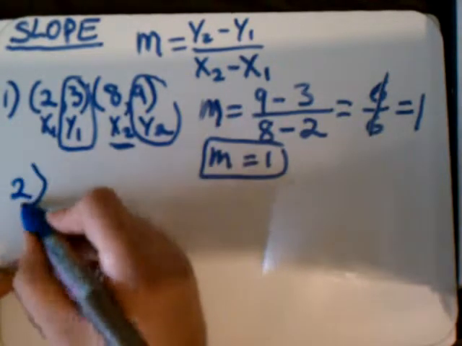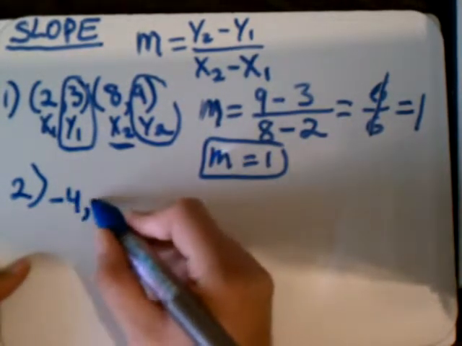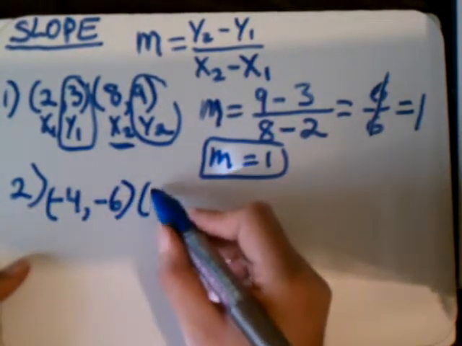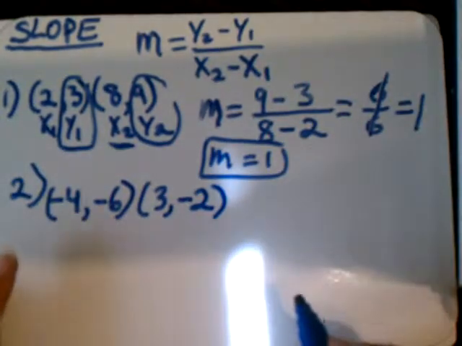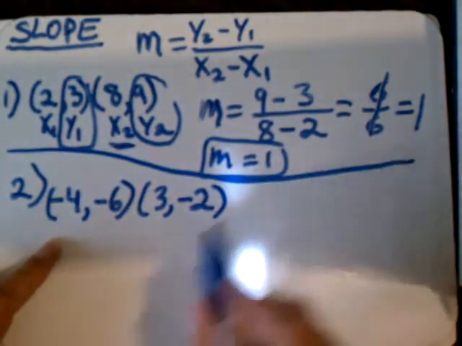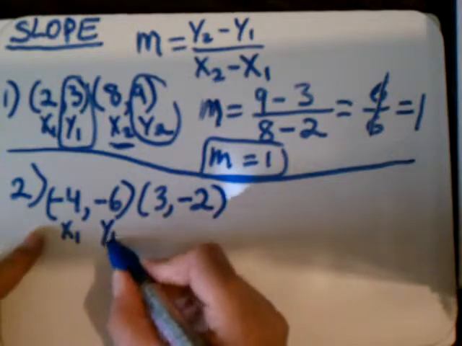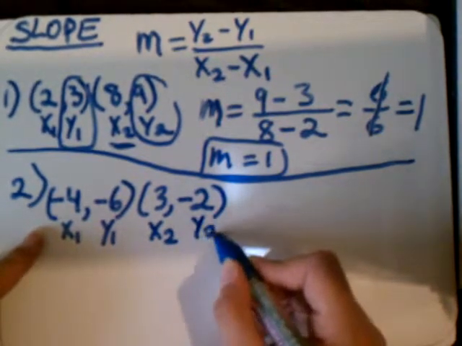Example 2, I have (-4, -6) and (3, -2). Okay? Again, for this one, I'm going to choose x1, y1, x2, y2.